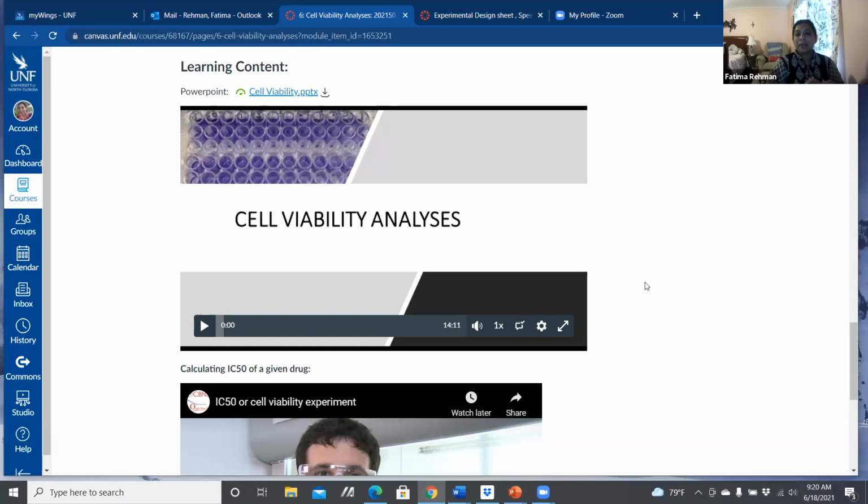That is something I would like you to be able to do, looking at a graph like this. The graph can be presented different ways. It doesn't have to show the log of the concentration; it could simply be the concentration on the x-axis and the percent viability on the y. You should be able to tell the 50% point and determine the concentration of the drug.